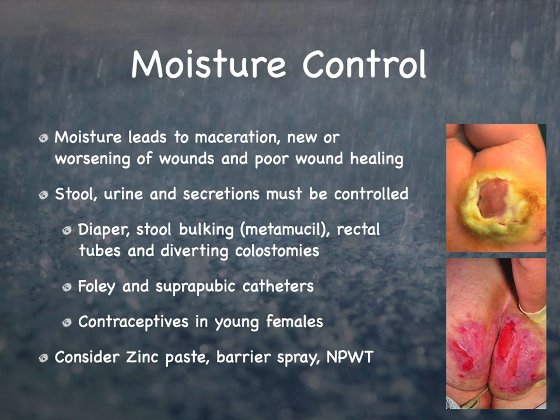Some patients may need a temporary or permanent Foley, suprapubic catheters, and in young females, you might want to consider contraceptives. You should also consider zinc oxide paste, barrier sprays, and in some situations, wound vacs are very helpful to controlling and protecting areas from moisture.